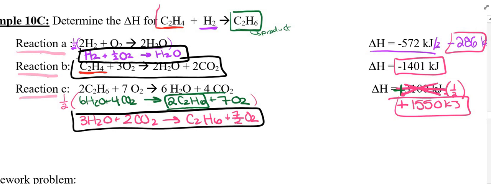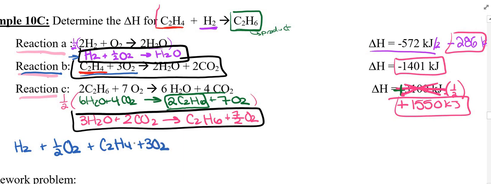So what I mean by that is I would go to reaction A. Okay, reaction A, the reactants are H2 and 1/2 O2. I'm going to write all my reactants first. So I'm going to go to reaction B now. My reactants of reaction B are going to be C2H4 and 3O2. Okay, I'm going to write the reactants now of reaction C. So I'm writing all reactants down.